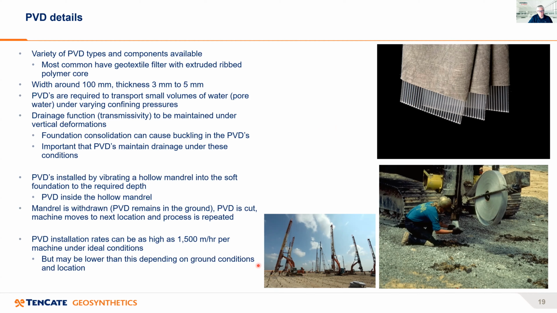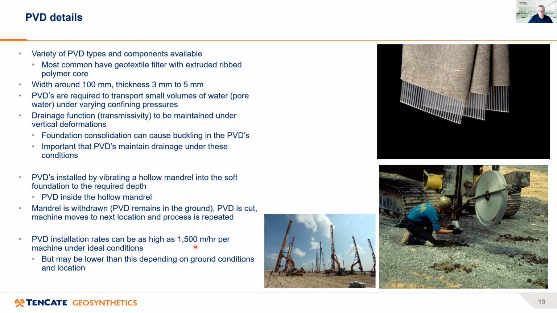Normally, the installation rates can be very high with PVD installations. In an ideal world, each machine might install something like 1,500 meters per hour, which is a lot of wick drain, but that's effectively in ideal conditions.